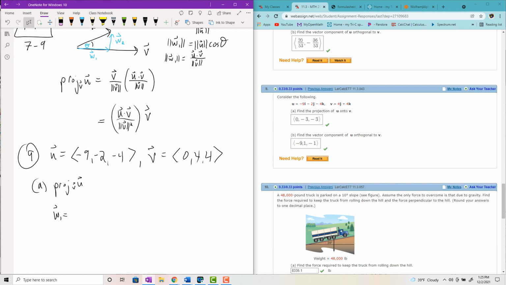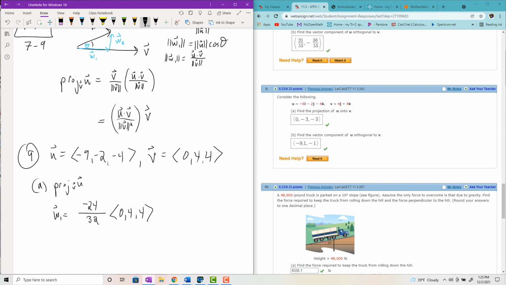That equals u dot v over the square of the magnitude of v. Doing the dot product, you get negative 8 plus negative 16, which is negative 24, all over 16 plus 16, which is 32, times the vector 0, 4, 4.